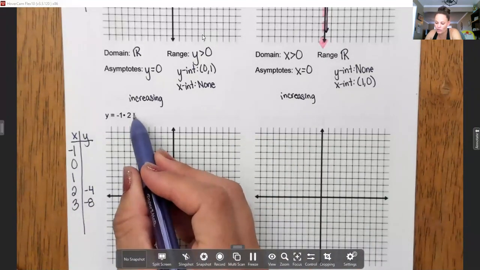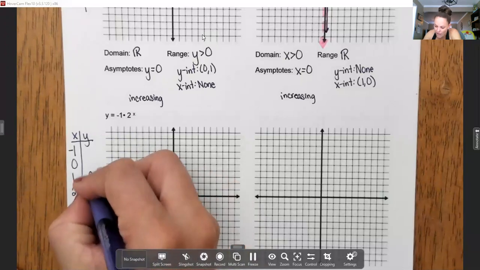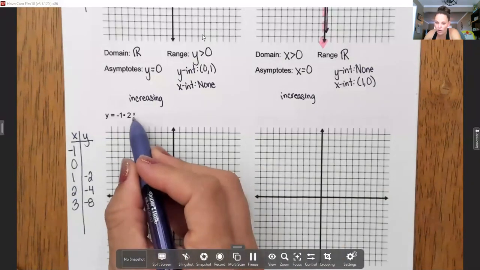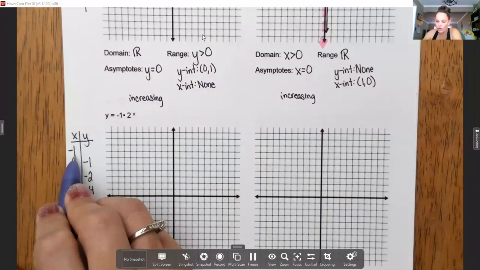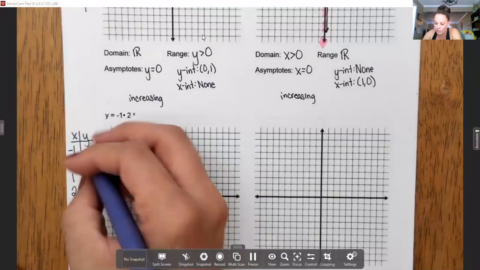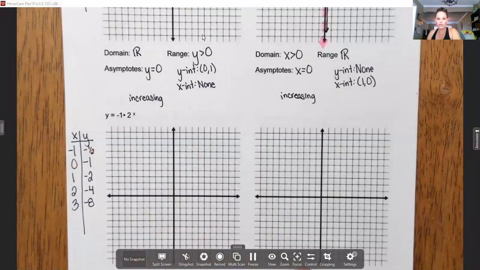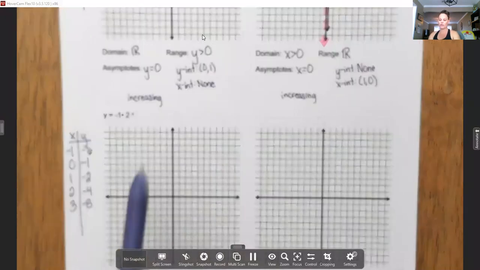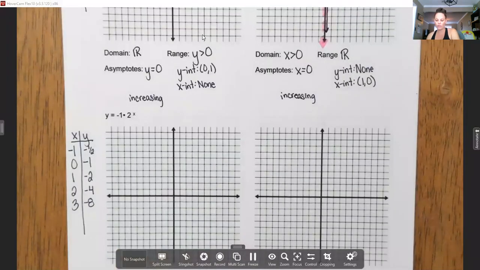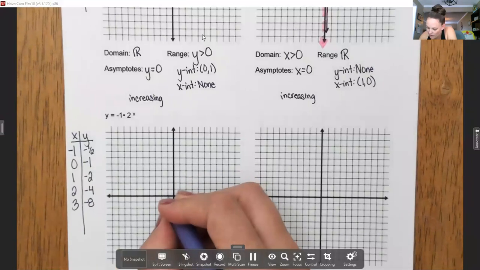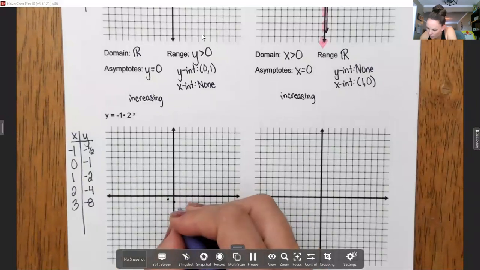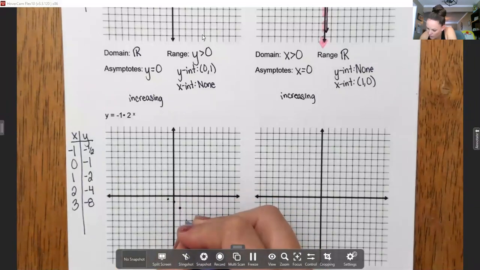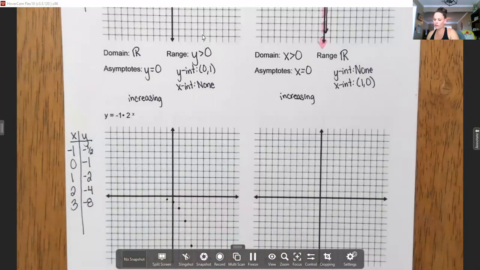2 to the power of 1 is 2 times -1 is -2. 2 to the power of 0 is 1 times -1. 2 to the power of -1 is 1/2 times -1 is -1/2. So these are the same values, except they're the negative because of that negative out in front. So we can plot all of these: -1, -1/2, 0, -1, 1, -2, 2, -4, and 3, -8.